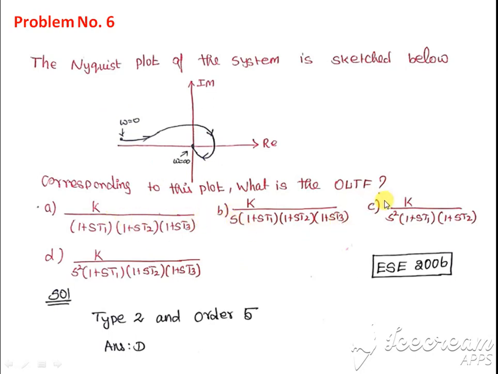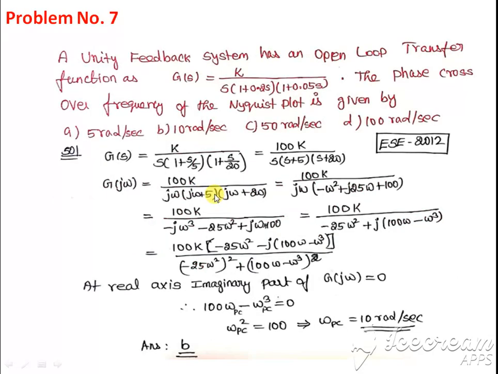We need to check C and D. After 180, 270 and 360, one more shift is there. So we need to add 3 poles after s squared to get a plot like this. So finally the answer is option D, s squared and additional poles.